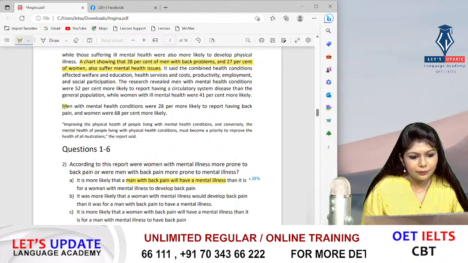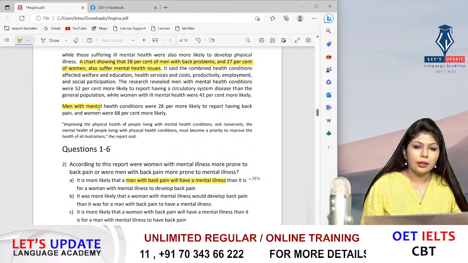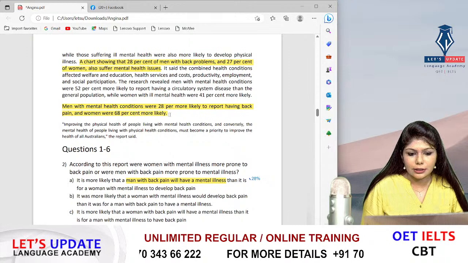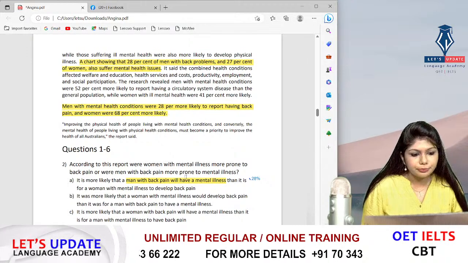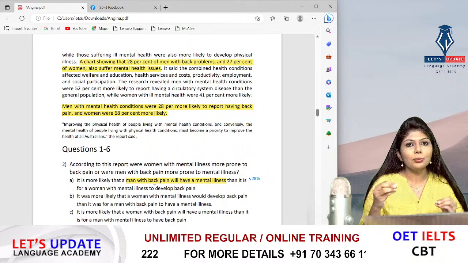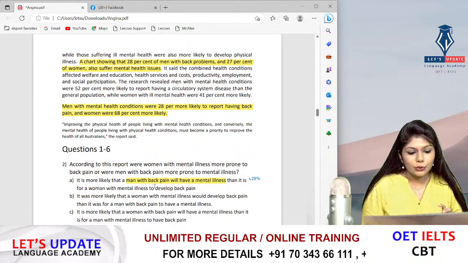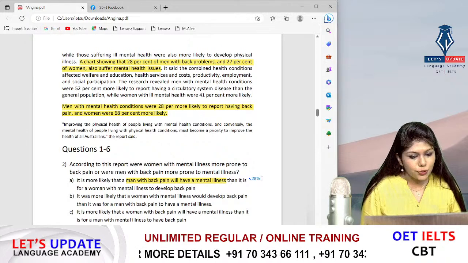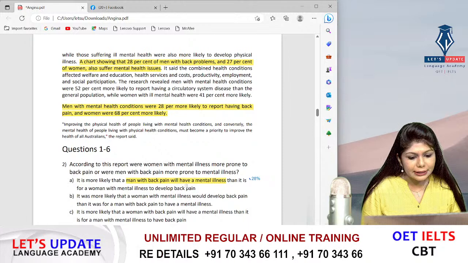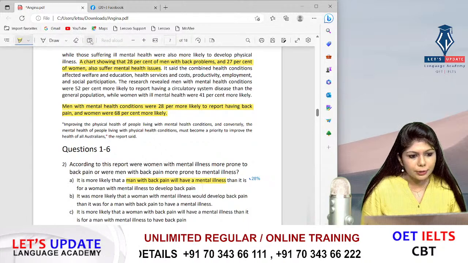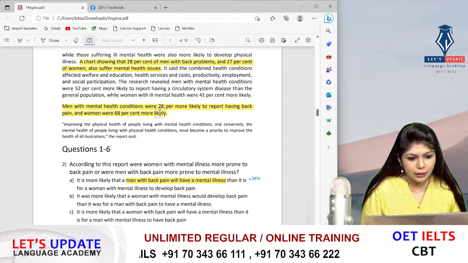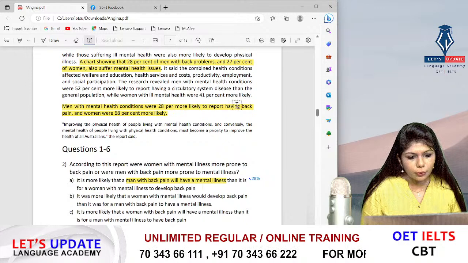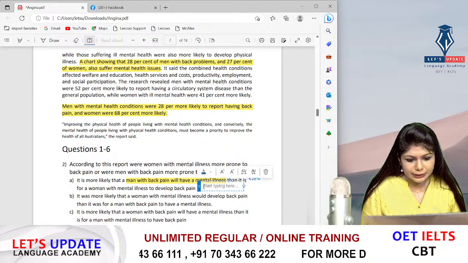So men and women with mental health condition, for them to have back pain, how much likely it is, that is mentioned over here. Okay, so now it's a comparison of both the conditions. So look at option A. It is more likely that a man with back pain will have a mental illness. That percentage is 28%, and for women with mental illness to develop back pain, how much percentage is that? It is over here. A woman with mental illness to report back pain, so that is 68%.